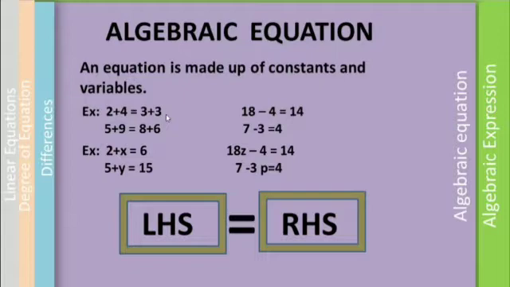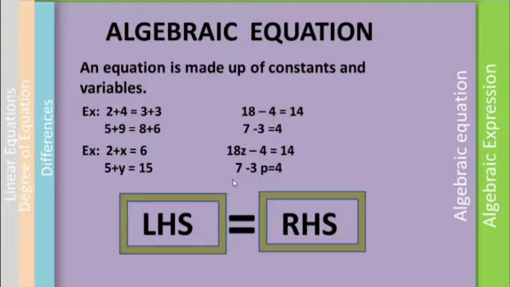Similarly, 14 can be written as 5 plus 9 or 8 plus 6. When you apply subtraction, 18 minus 4 equals 14, 7 minus 3 equals 4. Now all of these equations we just looked at were true equations because the expression on the left hand side was equal to the expression on the right hand side.